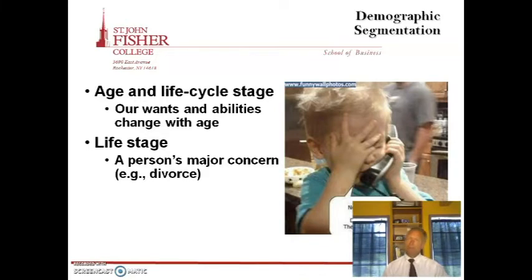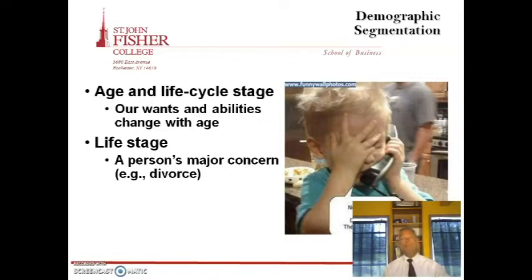For instance, my sister is 1 year older than me. She has 3 grandchildren. Her youngest is 27. And again, she's 1 year older than me. I have a 10-year-old. So there's a big difference in our lives right now, even though we're basically the same age. So age and life cycle stage are all different cuts of the generation.